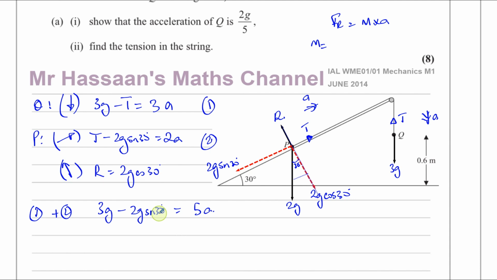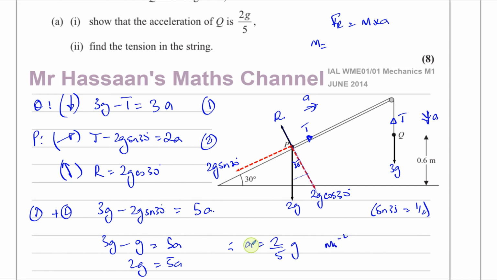Now sine 30 is equal to a half. So this is going to become g. So you have 3g minus g equals 5a. 2g is equal to 5a. So therefore the acceleration is equal to 2 over 5g meters per second squared. So we can see here, that's exactly right. 2 over 5g, 2g over 5, same thing.